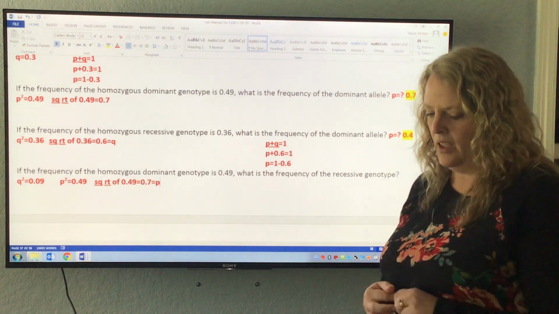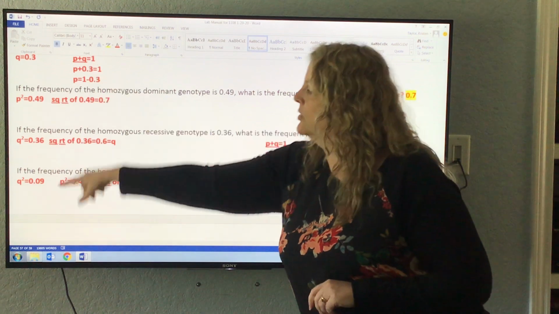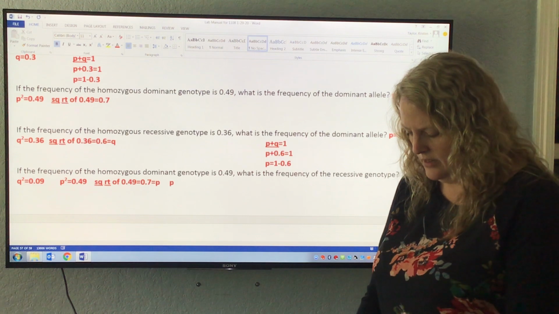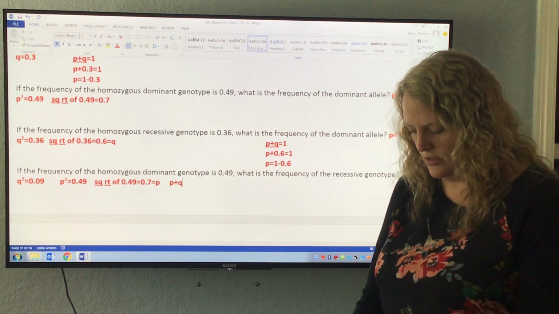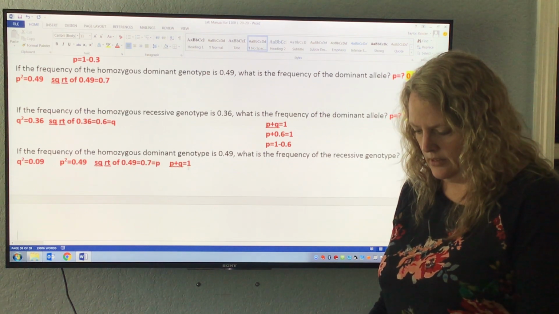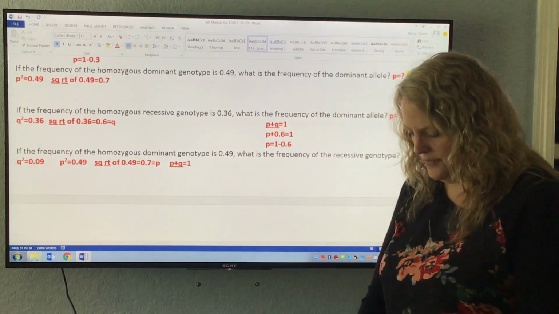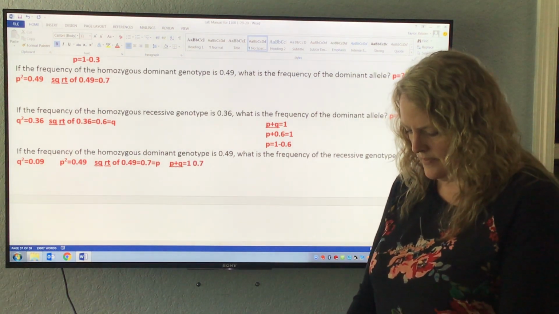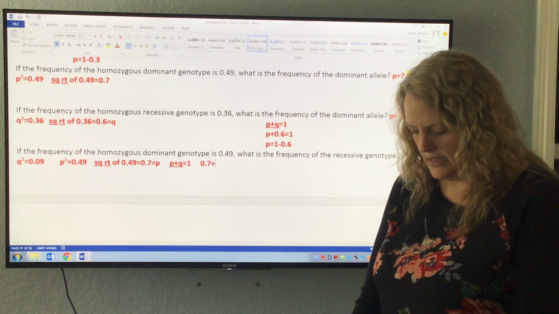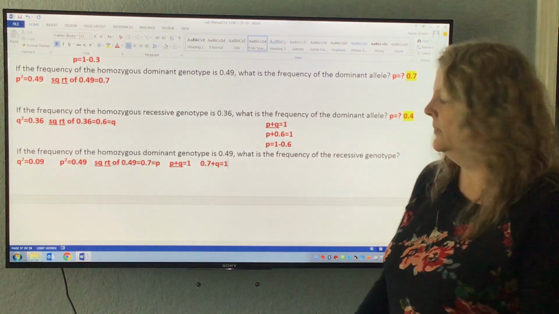Once I have that, I can use P plus Q equals 1 to help me solve for my Q. I'm given that P is 0.7, so 0.7 plus Q has to equal 1.